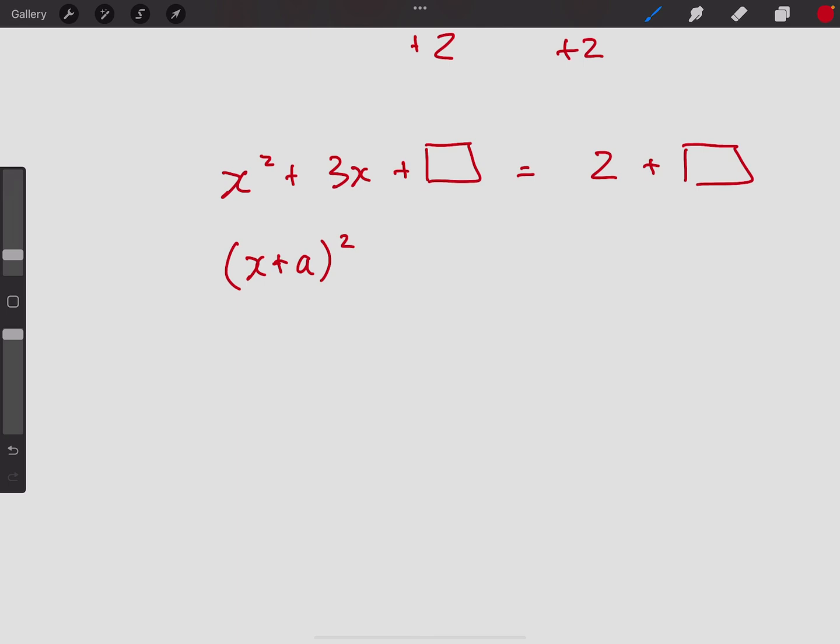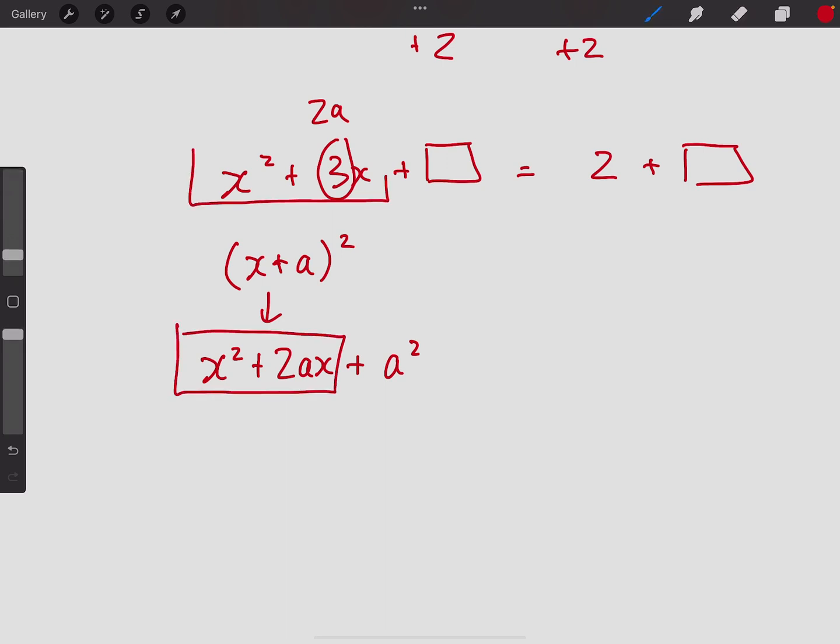So we know that this is our 2a, because when you expand this, you're going to get x squared plus 2ax plus a squared. And if you compare this one to this one, you can see that the number 3 is the 2a. So 2a is equal to 3. Therefore, a is equal to 3 on 2.